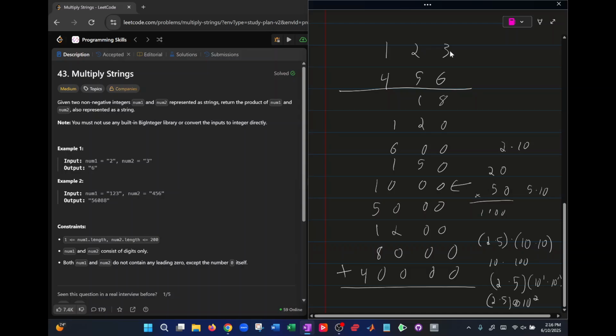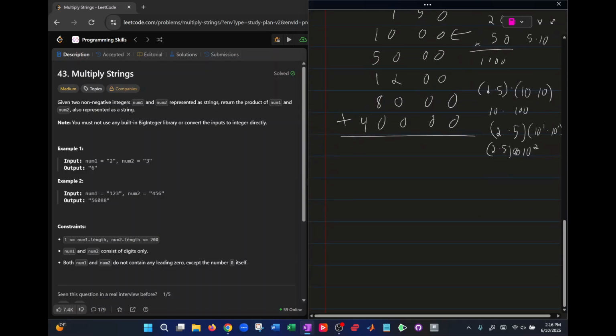Okay, so for the number 3, the index in the string is 2, and here let's actually write this out for 1, 2, 3.